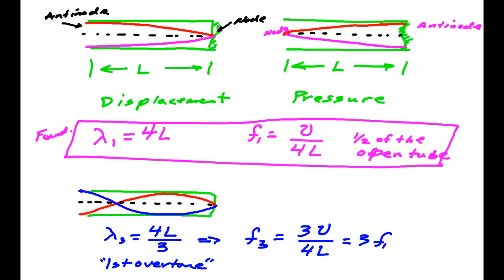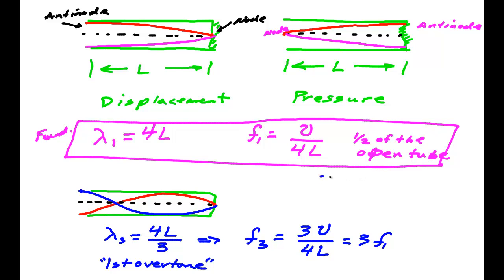You can't have the second, because if you had the second, then what would have to happen here is that this thing would have to go up and come down, and this would have to be a node. But this cannot be a node because it's an open end.